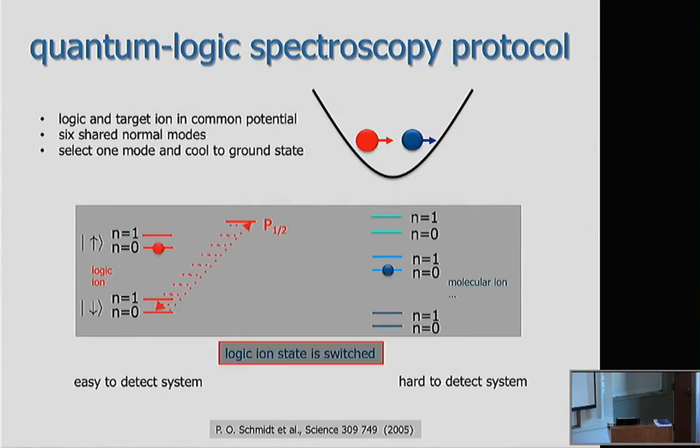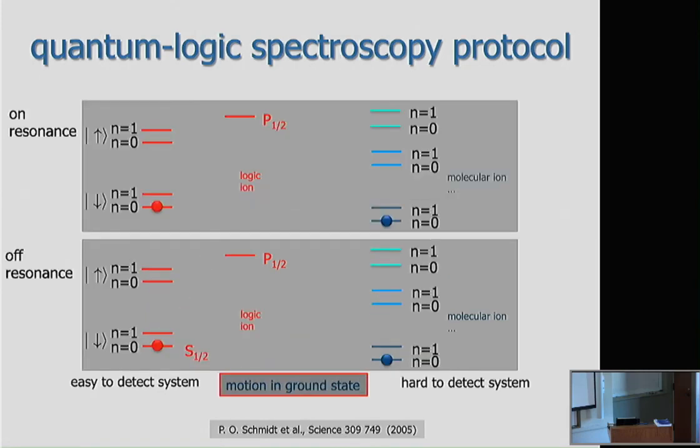This has to be compared to this other situation where when the molecular ion is actually not excited, you excited it with the wrong frequency, you don't hit it at just the right frequency here, then here you make the transition, here you don't make the transition, you're still in n equals 0. And therefore, if I now try to excite the red sideband, I don't have enough energy to do this.